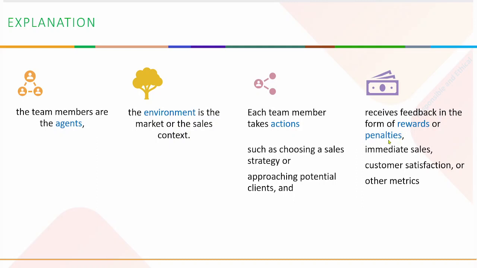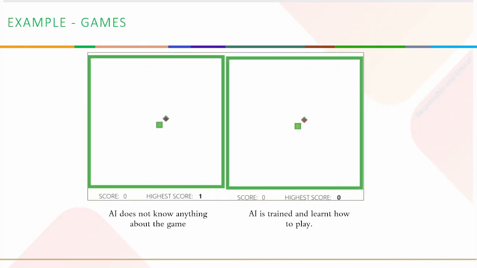The objective of reinforcement learning, or the salesperson, is to get as many positive rewards as possible by making a suitable action, a judicious action, for all the customers at the right point of time.